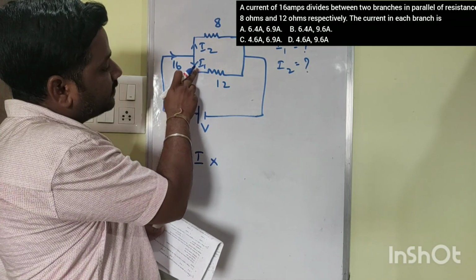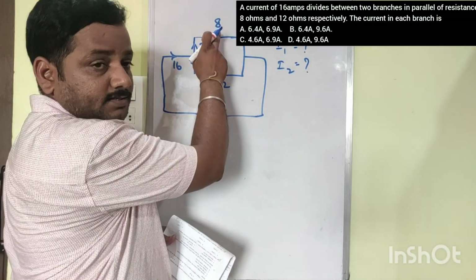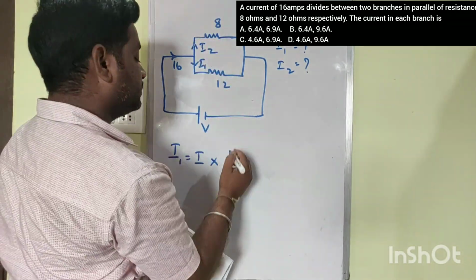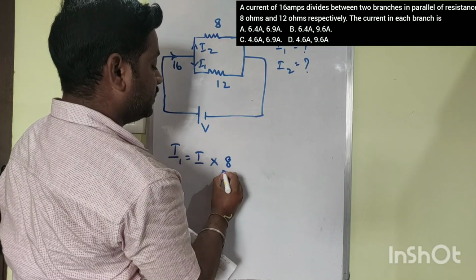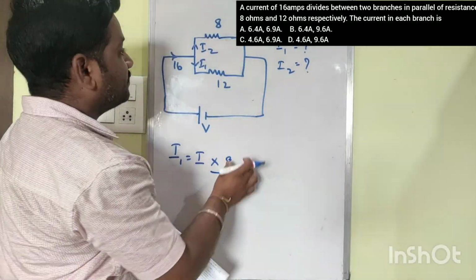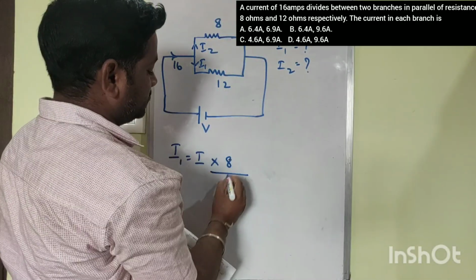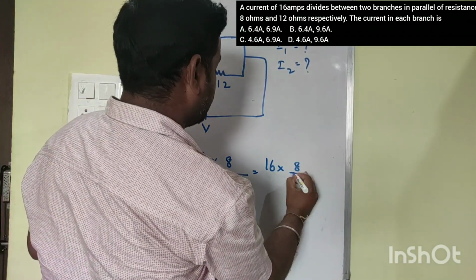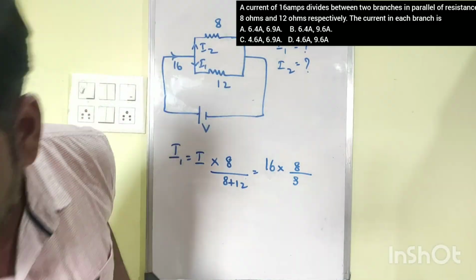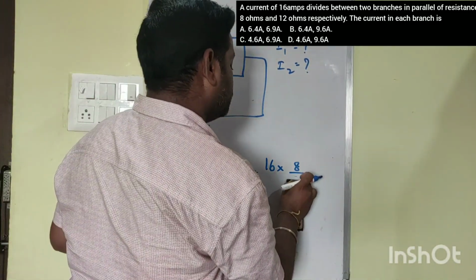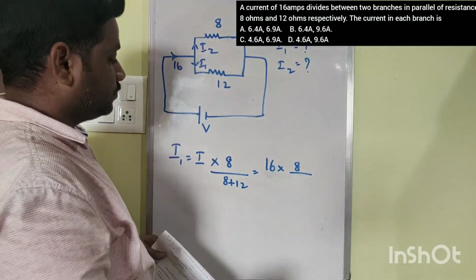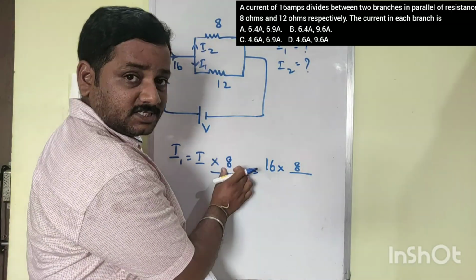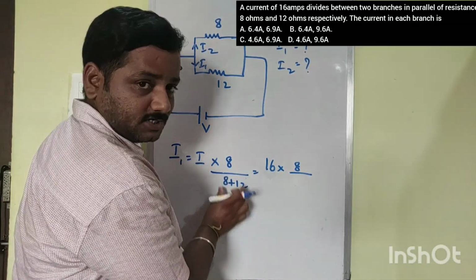We are finding I1, so the opposite branch is this. So the resistance of the opposite branch, that is 8 ohms, divided by the summation of these two resistors, that is total resistance. 16 into 8 by 8 plus 12, that is 20. So this is how we should do it. The formula is simple: total current into opposite branch resistance by total resistance.